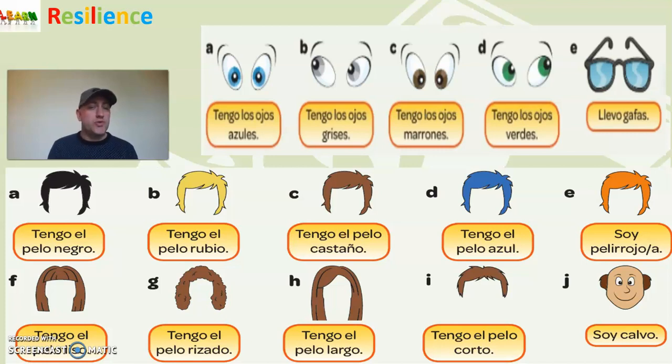Another word for that is ondulado, ondulating hair. Tengo el pelo largo. Largo is a false friend. Large is long. Tengo el pelo largo is I have long hair. Tengo el pelo corto. I have short hair. Corto, shorter. It's kind of the same. And then soy calvo, which brings me to the next point.